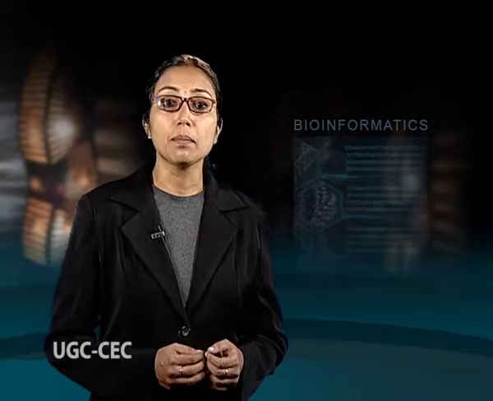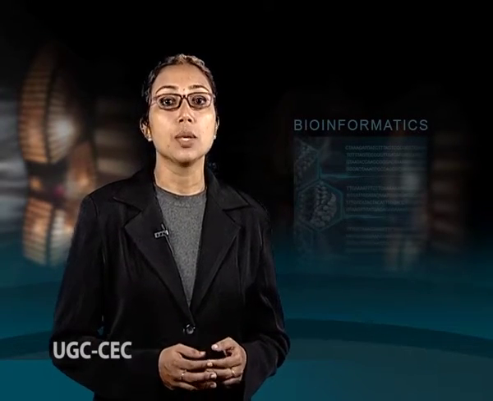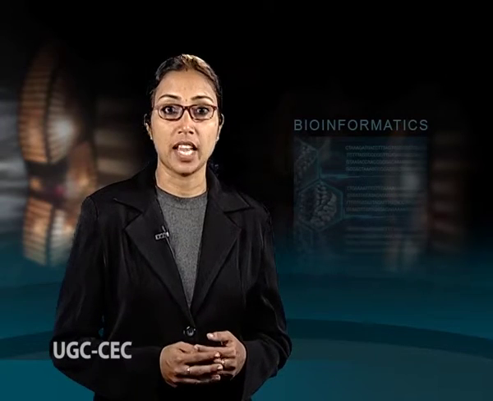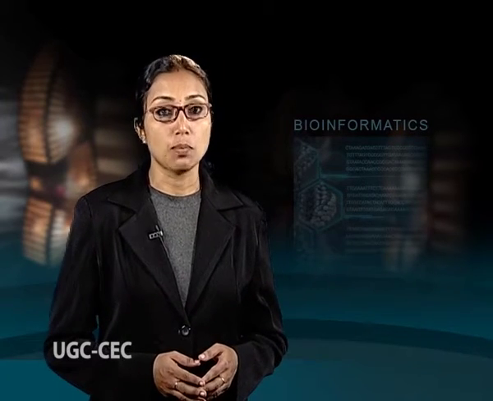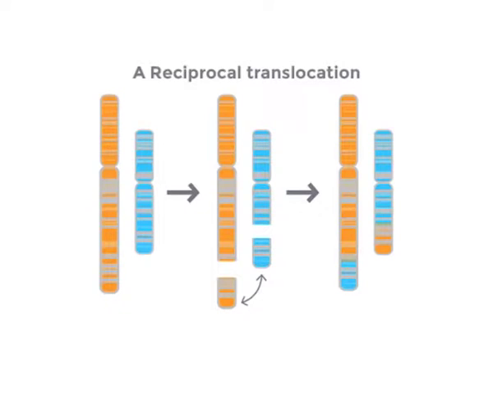If chromosome segment EF moves from the first chromosome to the second without any transfer of segments from the second chromosome to the first, a non-reciprocal translocation has taken place, producing chromosomes AB.CDG and MN.OPEFQRS.